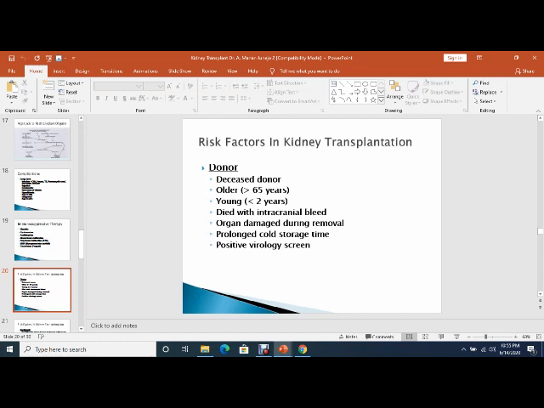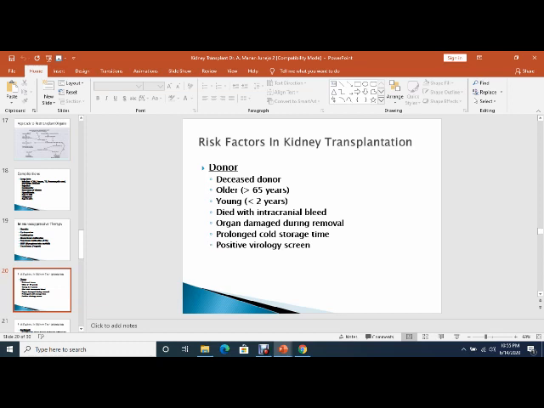Now, this slide shows the risk factors in kidney transplantation. The risk factors in the donor: deceased donor means a brain-dead donor.